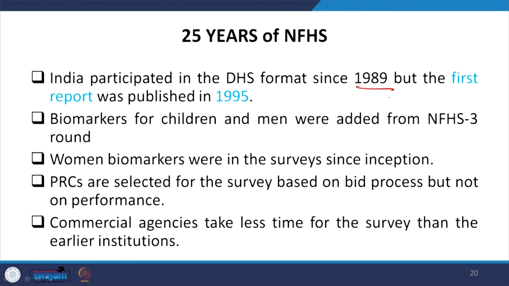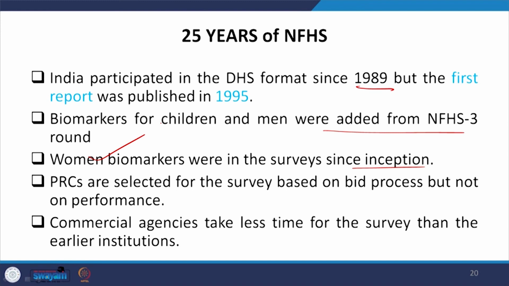The biomarkers, as I said, for children and men were added from the NFHS 3 round onwards, whereas women's biomarkers have been there since its inception, that is, from the first round onwards women's information and their biomarkers are given. PRCs, population research centers, are selected for the survey based on a bidding process, but not on their performance. That is one of the criticisms given in the recent paper so far as NFHS is concerned.